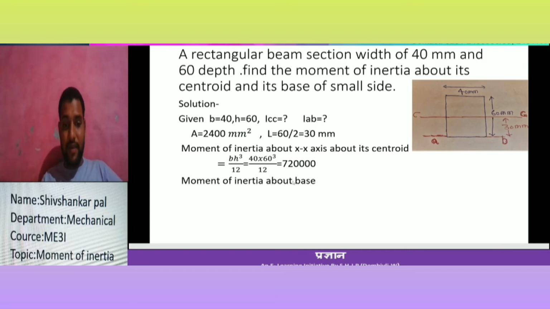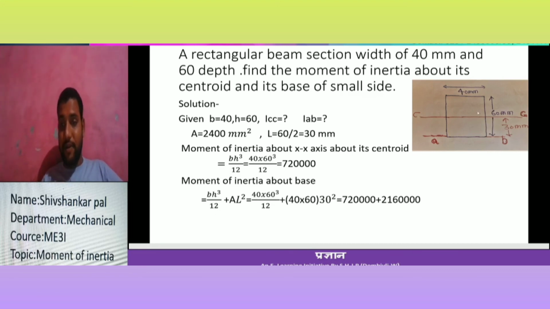The moment of inertia about the base is the moment of inertia about the centroidal axis, which is bh cubed by 12, plus the area of the given rectangular section times L squared, where L is the perpendicular length from the CC axis to the AB axis.